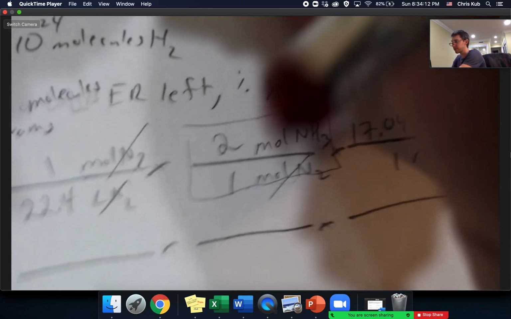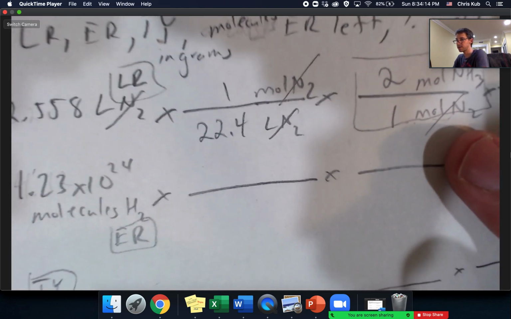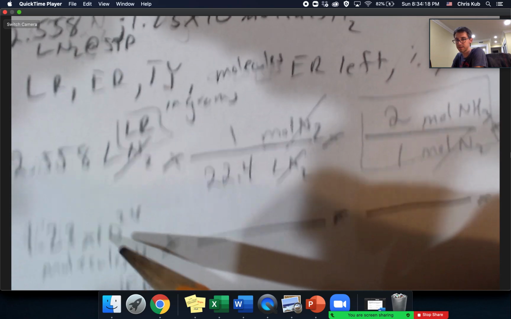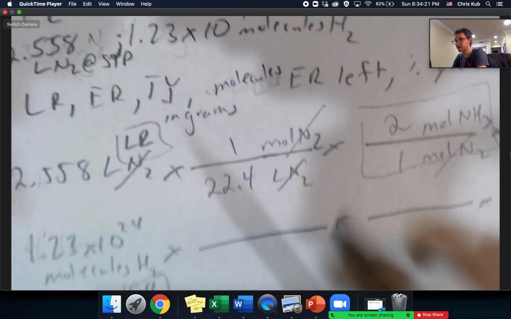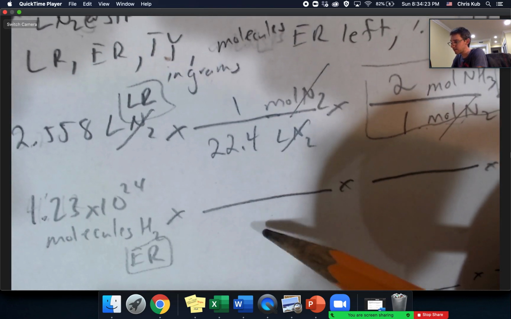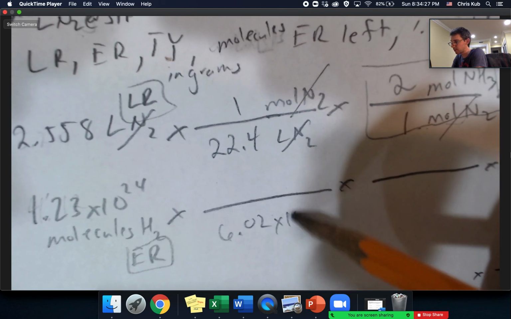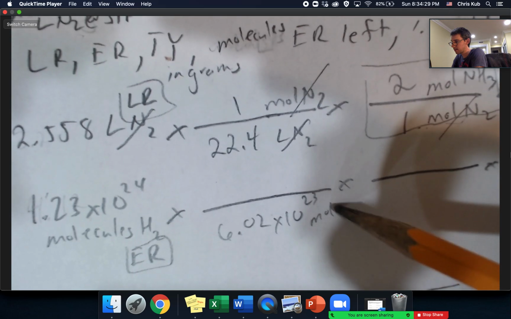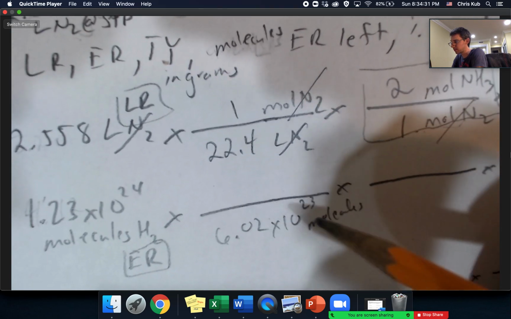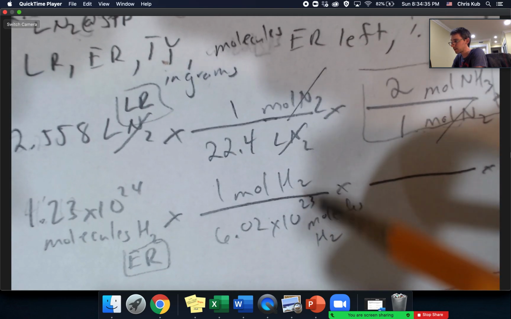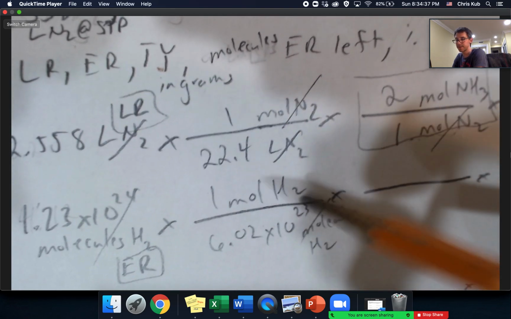And you can also do a similar calculation for hydrogen. We have a certain number of molecules of hydrogen. So that's a representative unit. We need to get out of that by using 6.02 times 10 to the 23 molecules of it, or any representative unit, per mole of it. Right, so that molecules is on top and bottom, that's out.